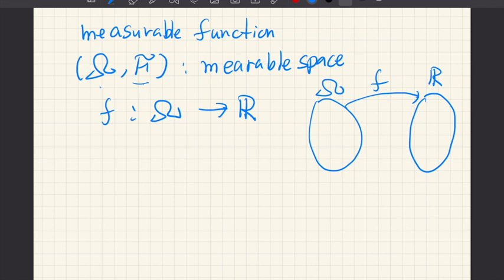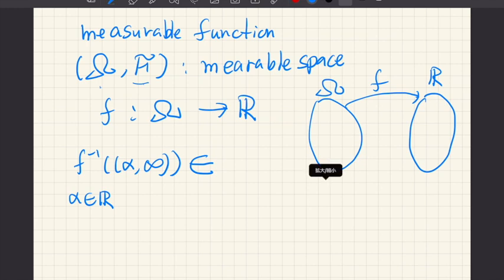Then this F is called a measurable function if its inverse image of this interval, where alpha is some real number, belongs to the sigma algebra. Okay, so this is an interval of real numbers.